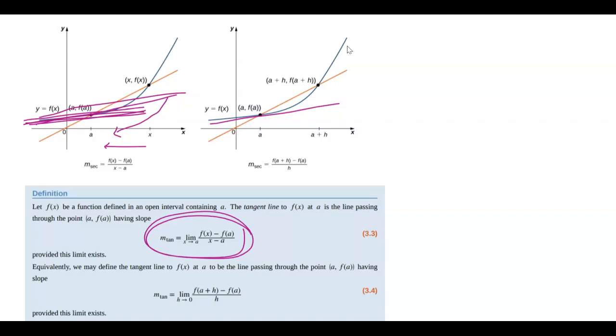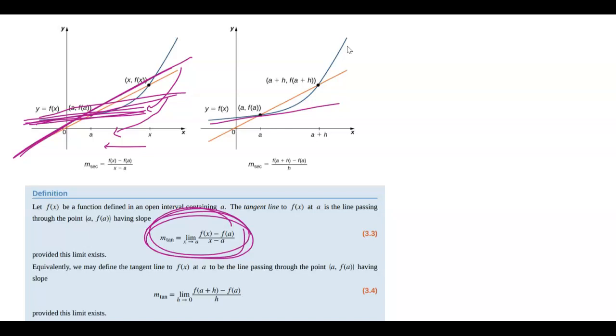Like x is still not equal to a, I still need them to be different points, but as x slides into a, that secant line slope curves down and becomes the tangent line slope. So that's where the concept of limits plays here: you are going to take the secant line, slide x to approach really close to a, and that's going to give you the slope of your tangent line.